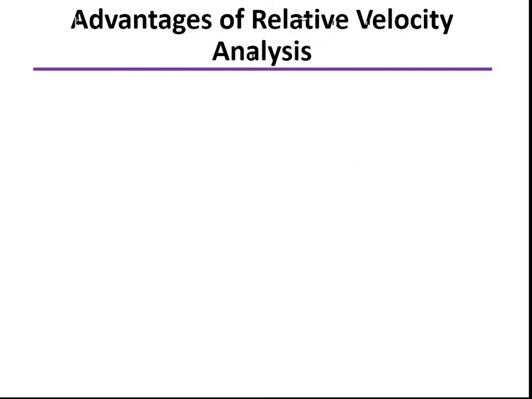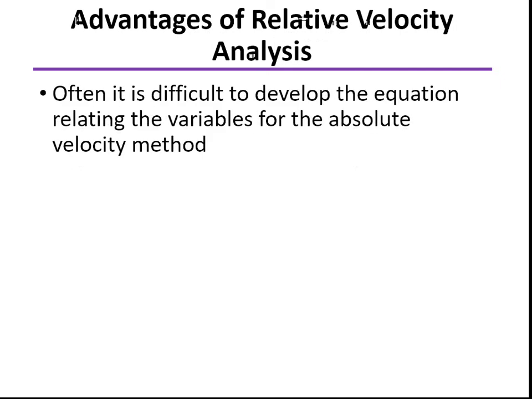Now let's compare the two methods a little bit. First of all, it can be really difficult to develop that equation that relates the variables in the absolute velocity method. In our case of the slider crank, it was relatively straightforward, but it can get kind of messy.